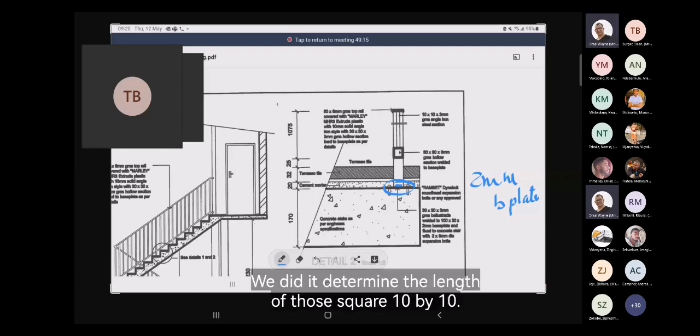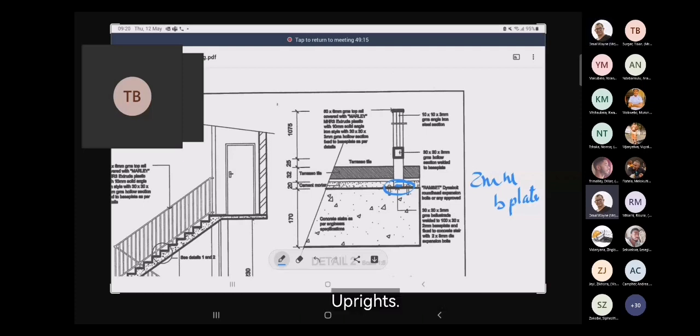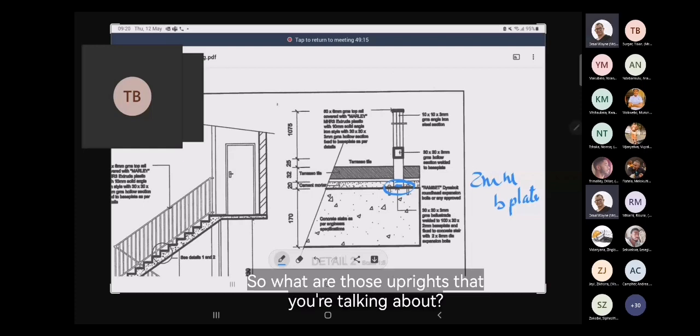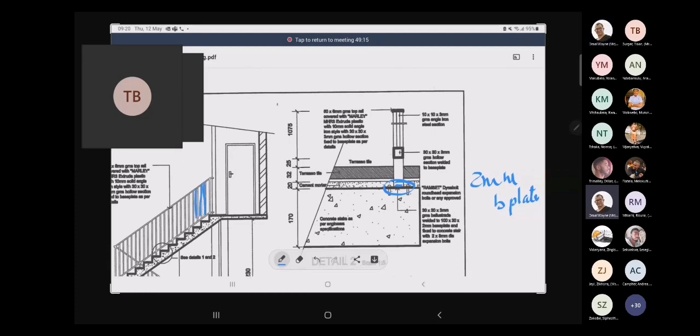We need to determine the length of those square 10 by 10 uprights. So what are those uprights that we are talking about? These are the uprights, not that one.